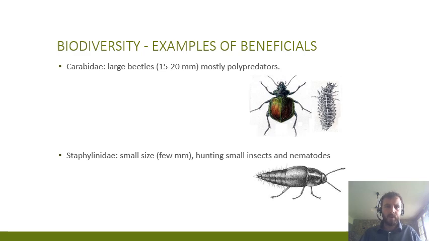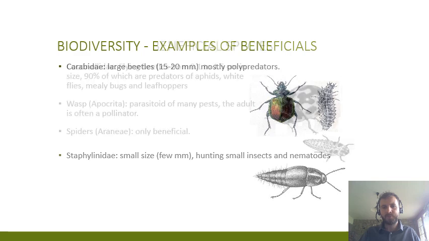So, families of insects that are always beneficial and do not attack the plants. You have, for example, the Carabidae, which are large beetles of 15 to 20 millimeters. And you also have the Staphylinidae, which are really small, a few millimeters, and will hunt really small pests and nematodes.